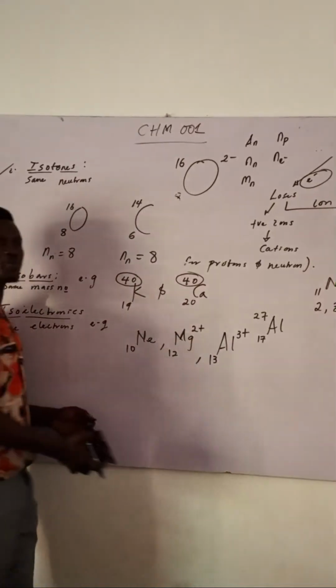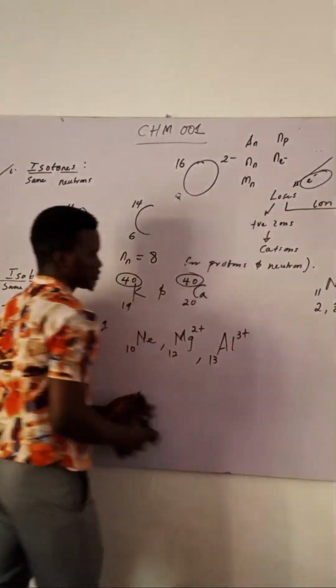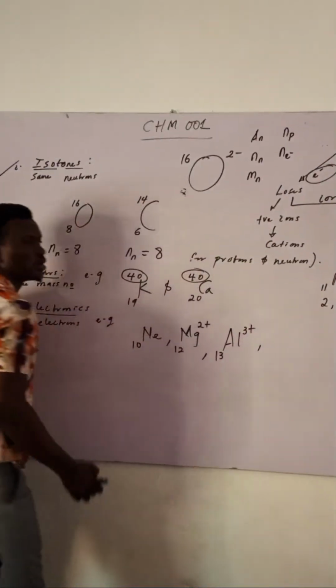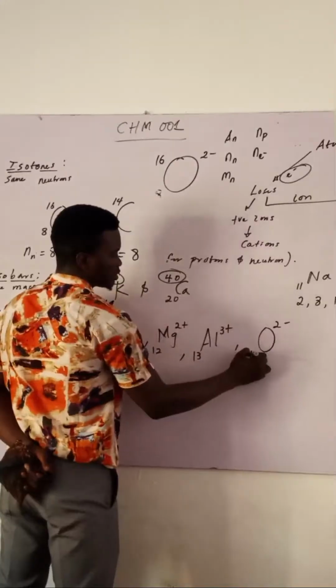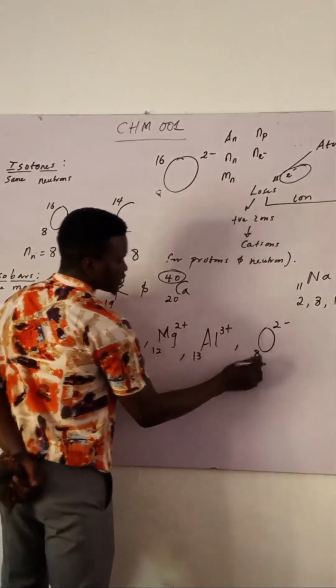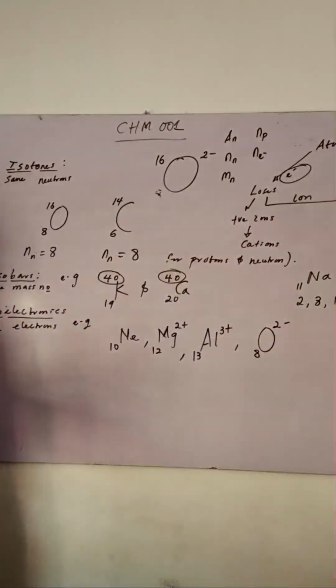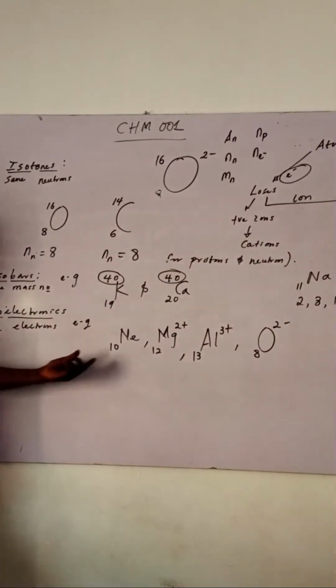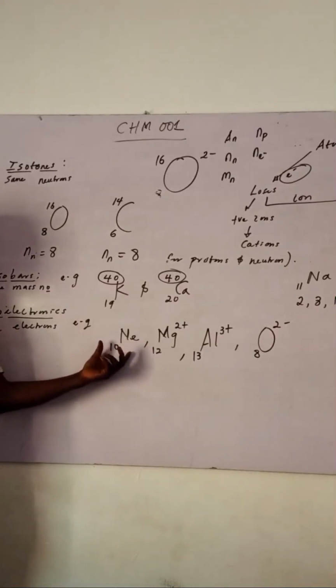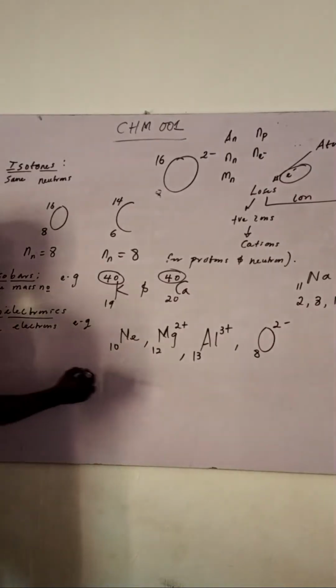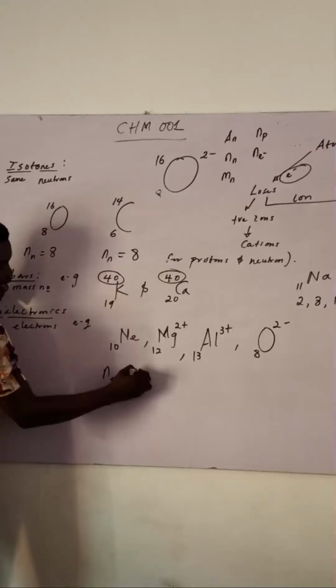Practice is what will make you perfect. Let's say O2 minus. The atomic number is 8. So look at all of these, the 4 of them. The first one, Ne, that's neon. What do you think is the number of electrons? 10. Number of electrons is 10.